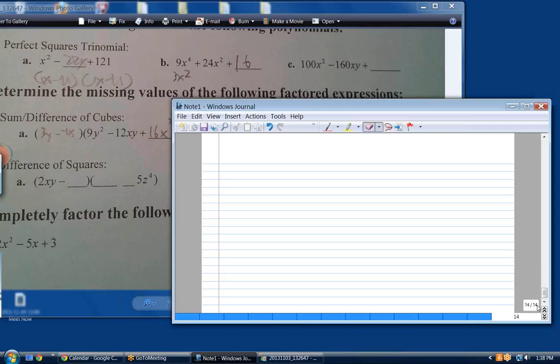Okay. Perfect square trinomials, looks like you got that one down pat. How about this one here? How do we get 3x squared? We took the square root of 9x to the 4th. Yep.